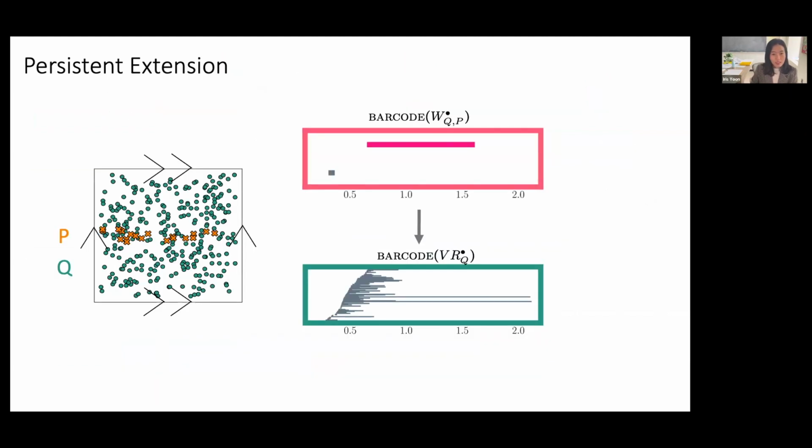So let's go back to the running example that we had. Remember, Q was sampled from a square torus, P was sampled along one of the essential circles. The pink barcode here is the witness barcode, and the green barcode on the bottom is the Vietoris-Rips barcode, and they're both built on Q as the vertex set. So we have this one highlighted bar in the witness barcode indicating that Q and P have some kind of shared feature.